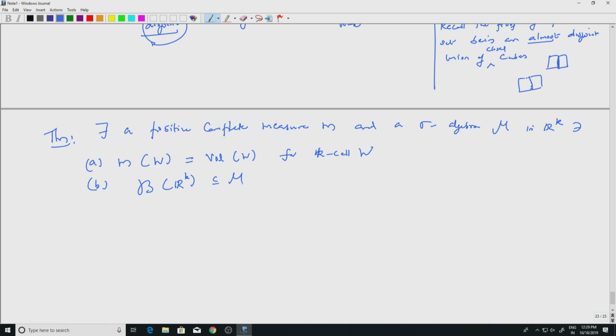Okay. Also, a set E is in M if and only if there exist A, which is an F sigma, and B, which is a G delta, such that A is contained in E, contained in B, and measure of B minus A is 0.